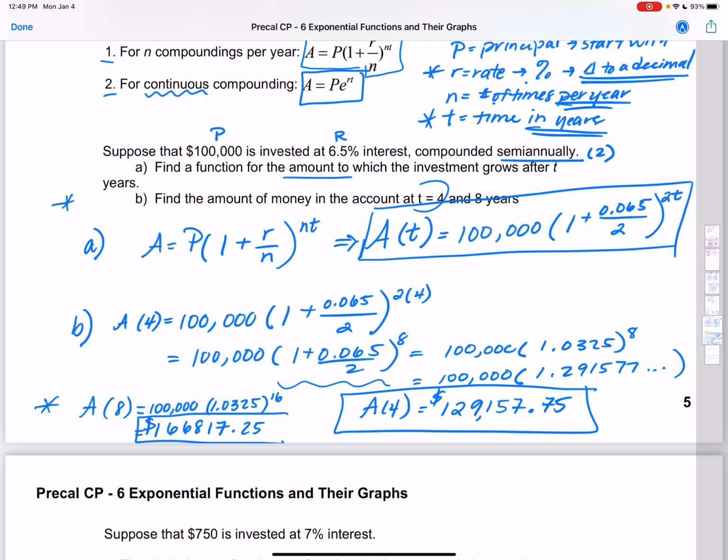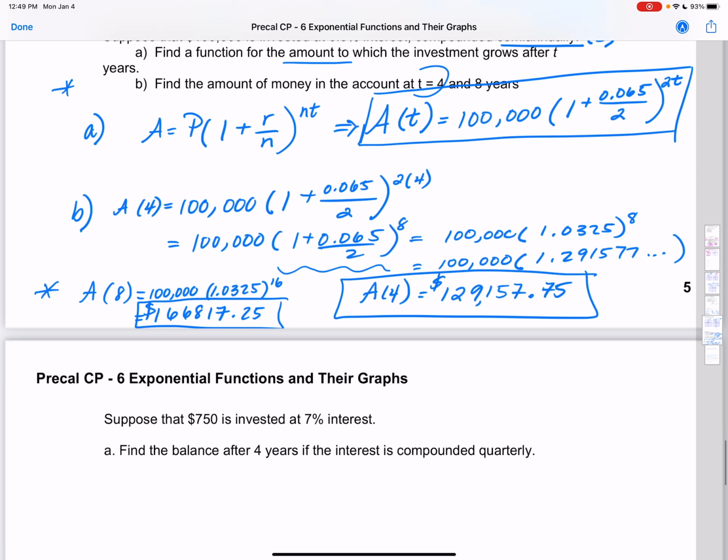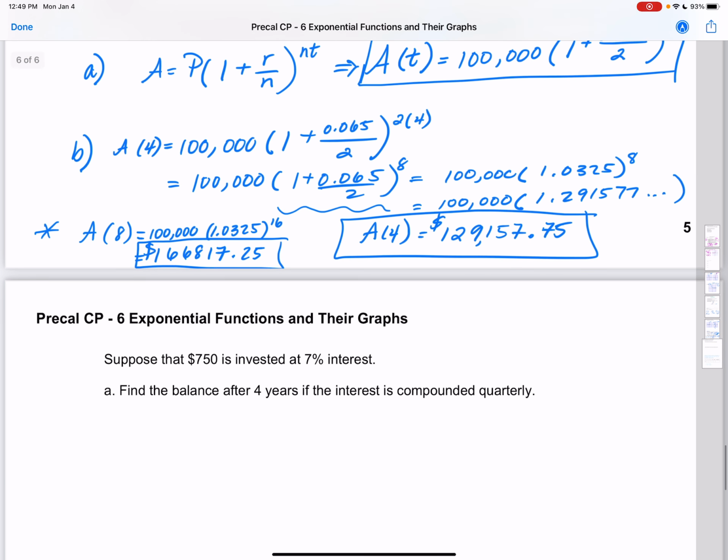So that is how much money you'll have after 8 years, which is cool. It's double the time, but it's more than double the money that you are getting in interest.